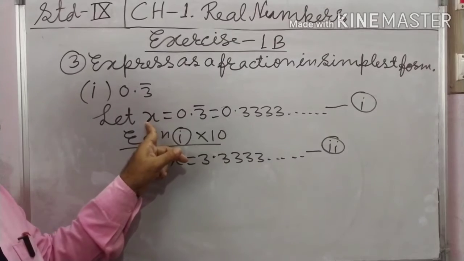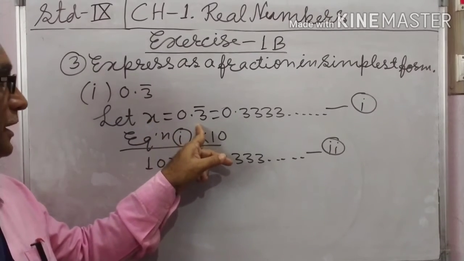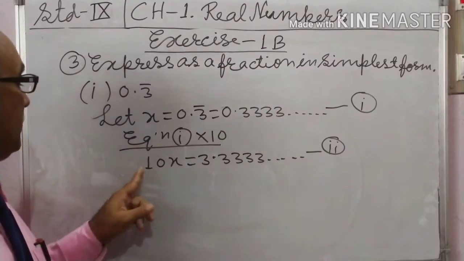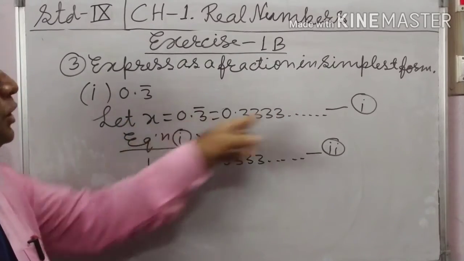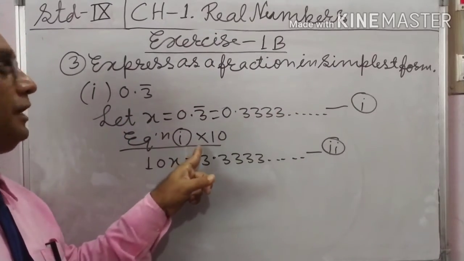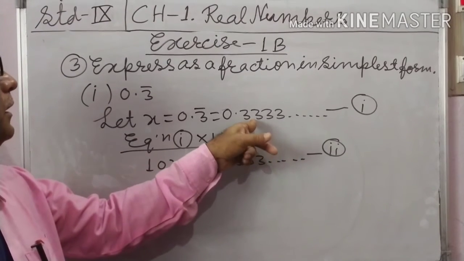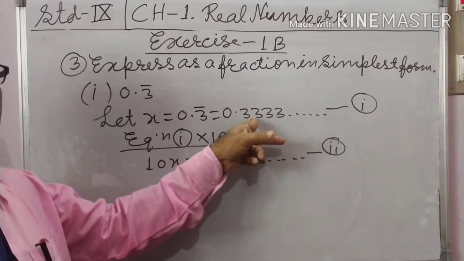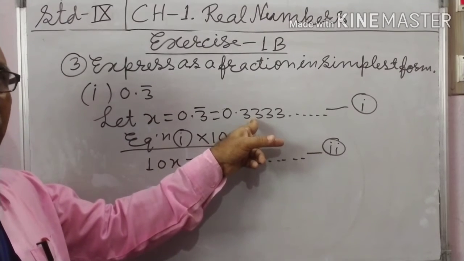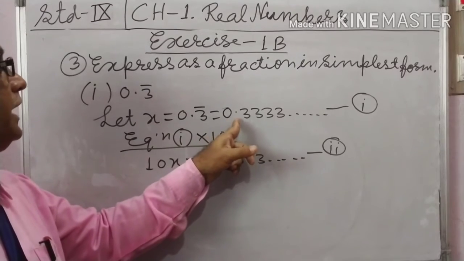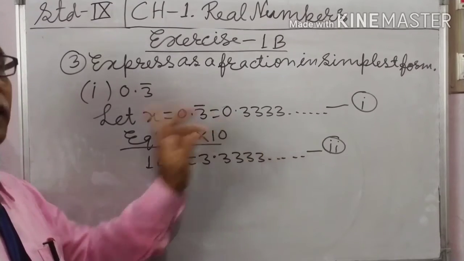Here x means 0.3 bar equal to 0.333 dot dot dot and so on. Equation 1 multiply by 10 because one natural number before decimal. Change one natural number before decimal.